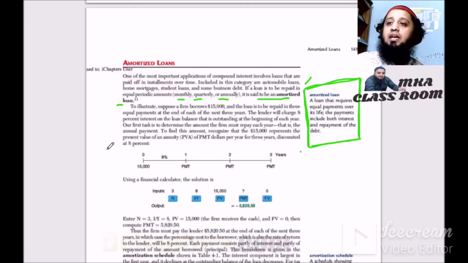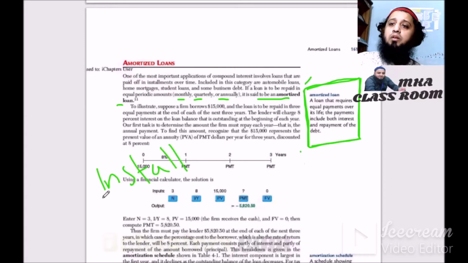So here is an example. Whenever you are a student of finance, then you have to know to determine this installment. So those who take loan from the bank, they provide installment.